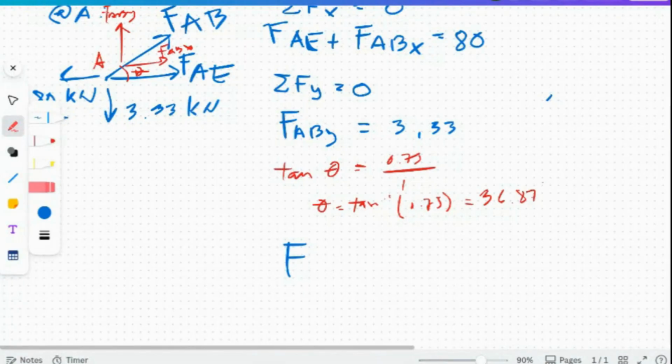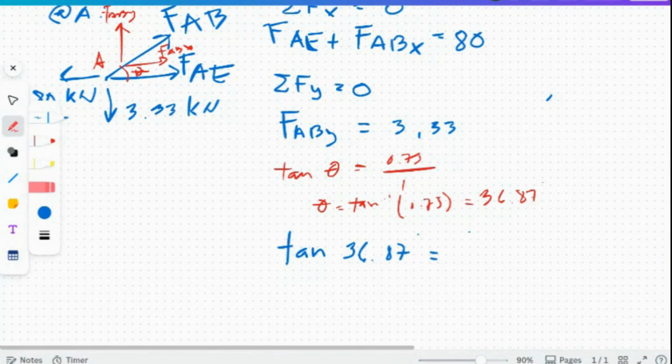Let me do the tangent version of that. Tangent 36.87 is equal to opposite. The opposite is FAB.